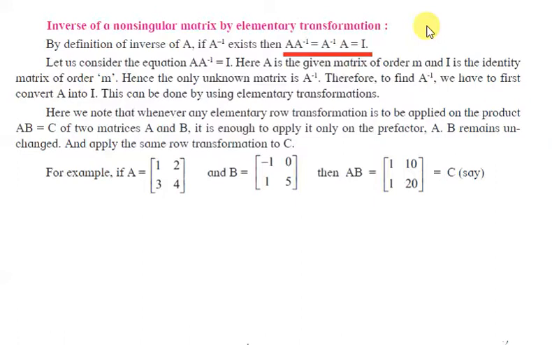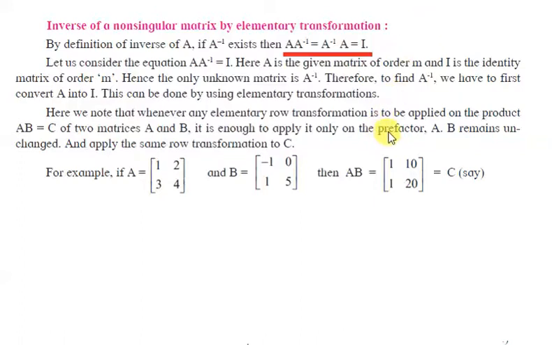If we use row transformation, then we have to use the equation A into A inverse is equal to I. And if we choose column transformation, then we have to use A inverse into A is equal to I. So the necessary thing is that for row transformation, A inverse must be post-multiplied, and for column transformation A inverse must be pre-multiplied. So this rule must be clear.